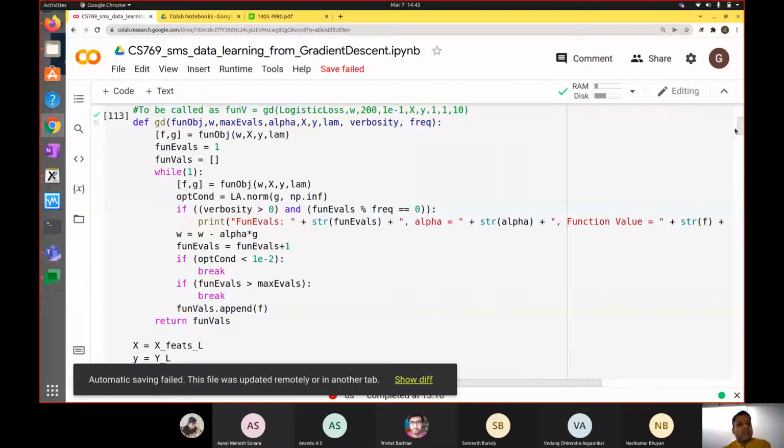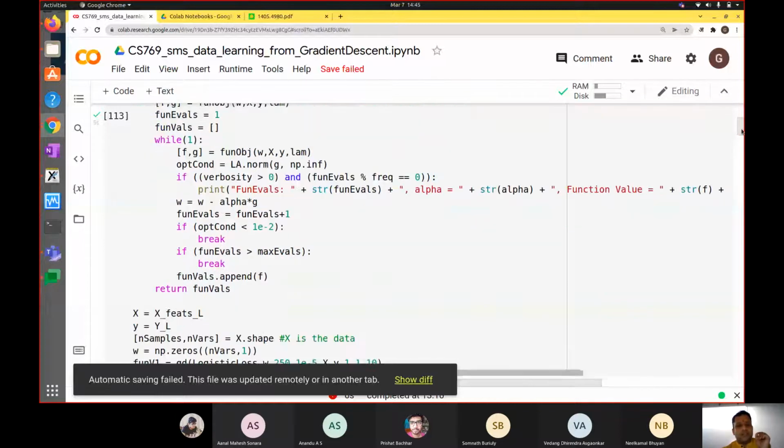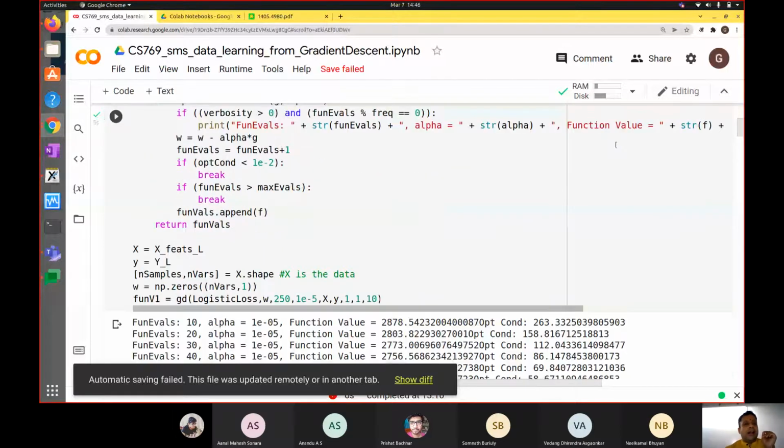And you're going to update your W as W minus alpha G. Very simple. Until either the largest component of that gradient becomes less than 0.01 or some maximum number of evaluations is exceeded. So here, when we call it, we are setting maximum evaluations to 250.